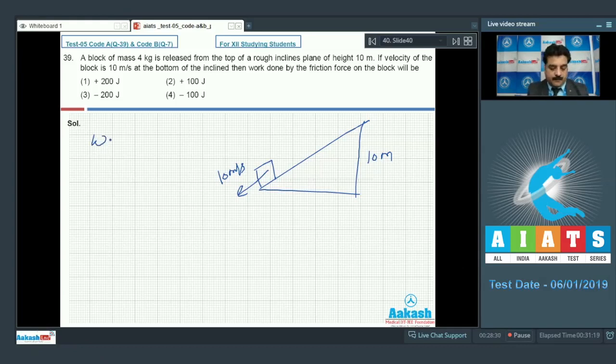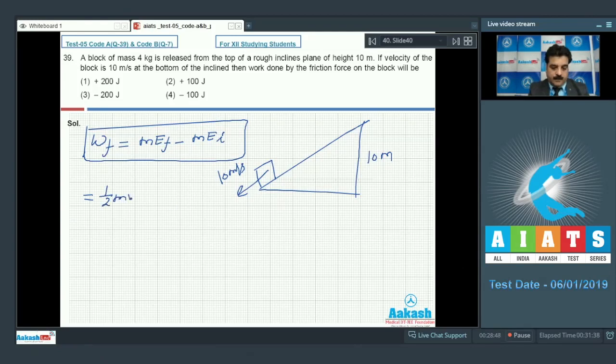So here, work done by the friction force will be equal to final mechanical energy minus initial mechanical energy. This is the work energy theorem. Final mechanical energy: the block will have kinetic energy half mv square plus 0 potential energy. Why am I saying 0 potential energy?